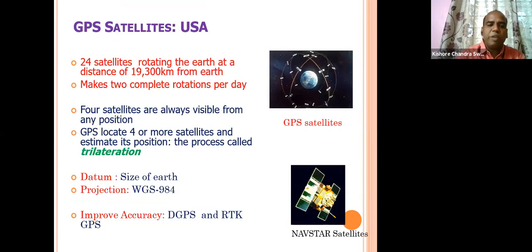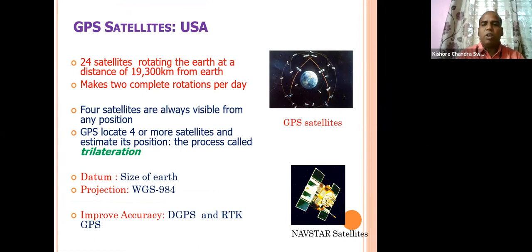You may be excited to know how this GPS works. Actually, there are 24 satellites. These are called GPS satellites, and they make 2 rotations per day. We can see at least 4 satellites. From these 4 satellites, we can get your position based on the size of the earth and based on your projection system.